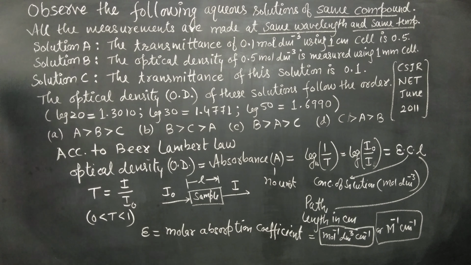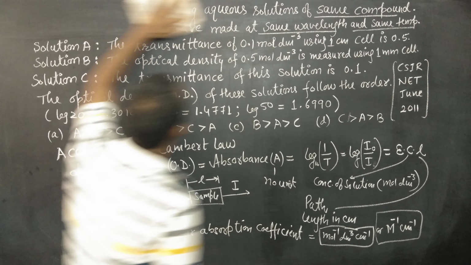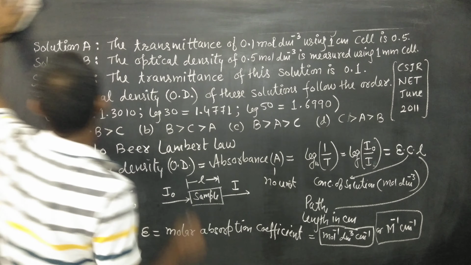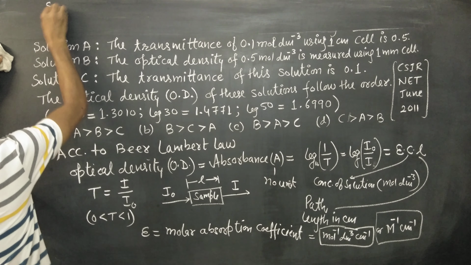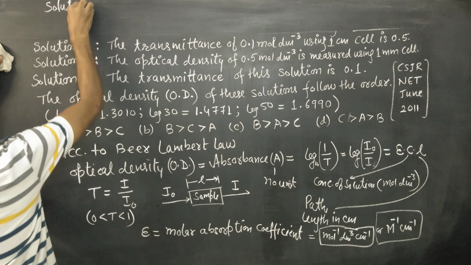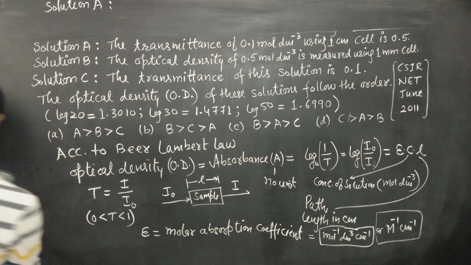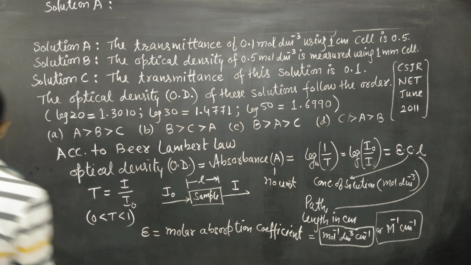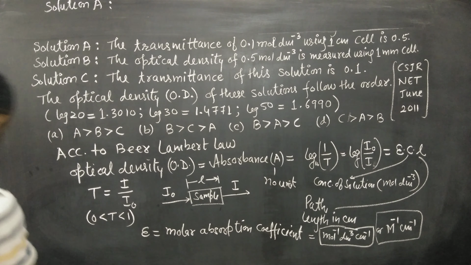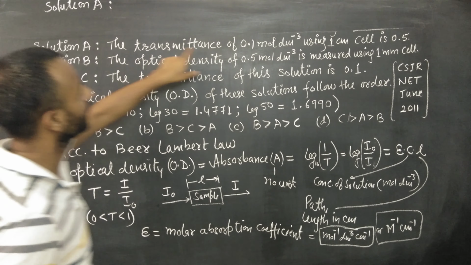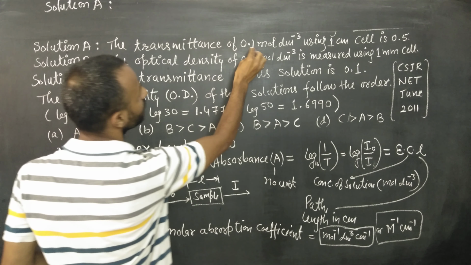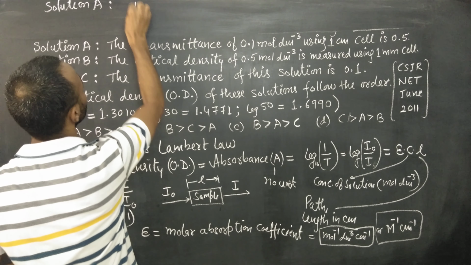Now solution A. What is given to you for solution A? Transmittance is given, for 0.1 mole per decimeter cube.